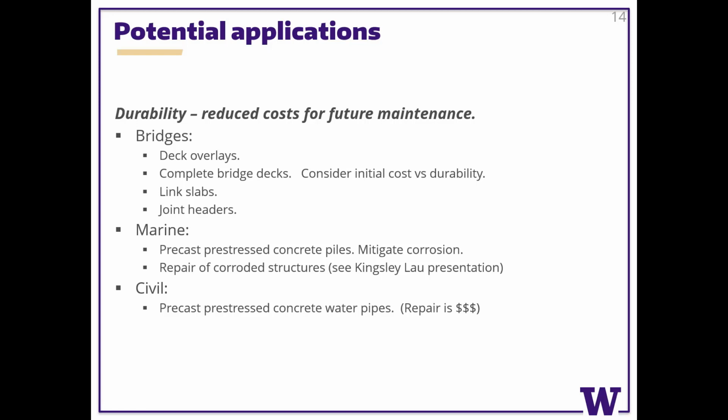And even in the civil department, things like pre-stressed concrete water pipes, which eventually have to be replaced when they wear, or else they have to be relined with CFRP or something like that, which is a pretty expensive, labor-intensive process. So I think the point is that there are many applications where the properties of UHPC, other than just the pure strength, can be a real advantage, and where it means that the UHPC is a potential candidate material.